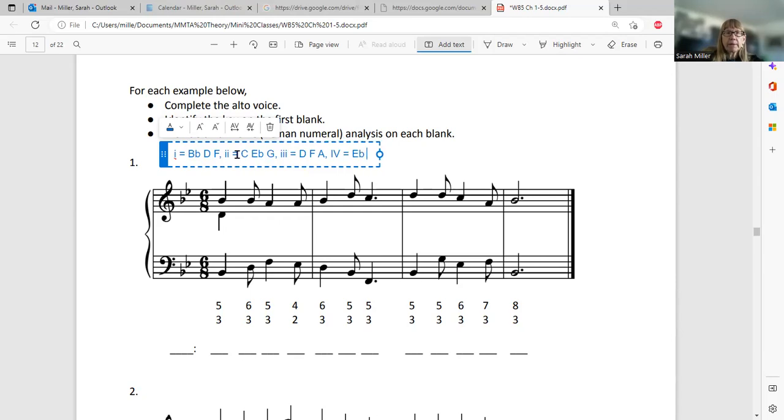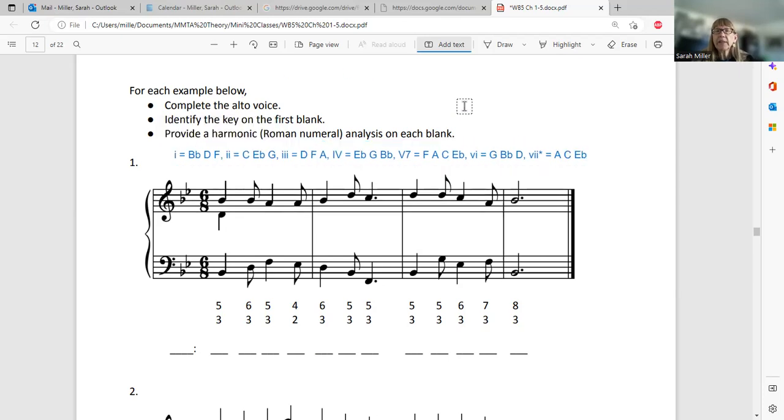The five chord, and I always add the seventh just so I know, is F, A, C, E flat. The six chord, minor in the major key, is G, B flat, D, and the seven chord, which is diminished, I don't have a diminished sign, so I use the asterisk, is A, C, E flat.